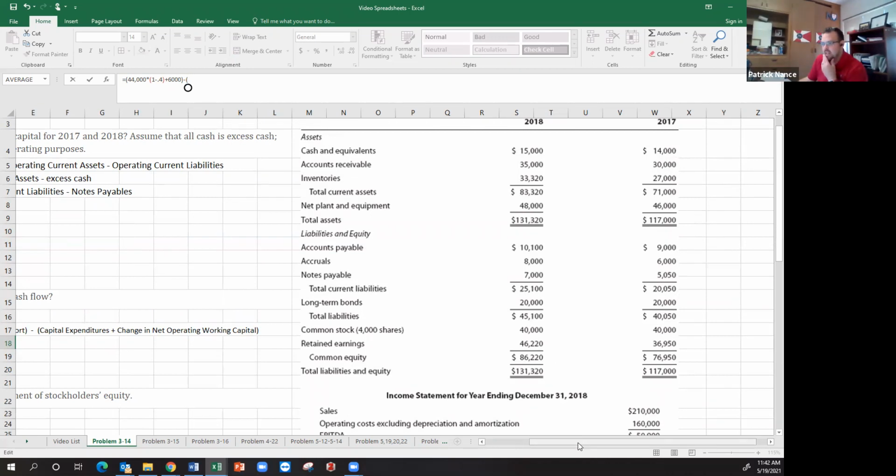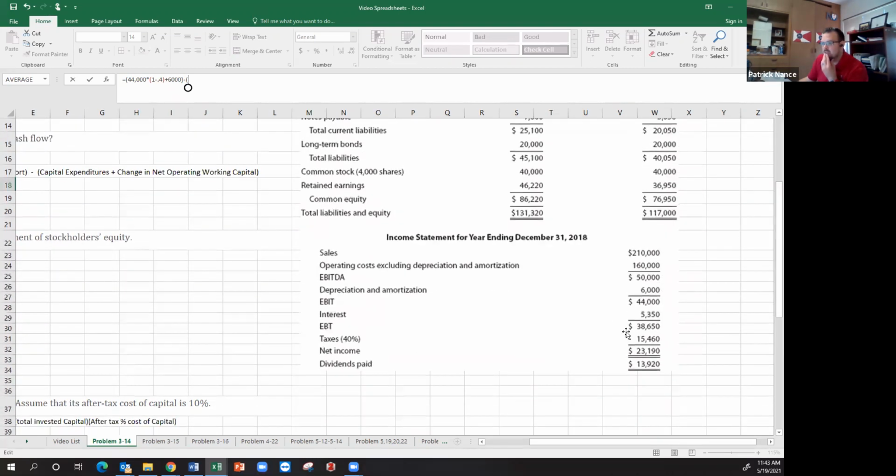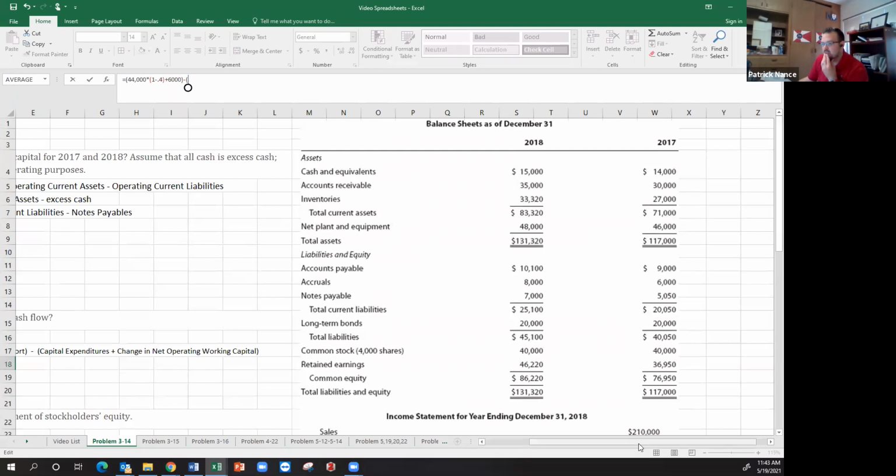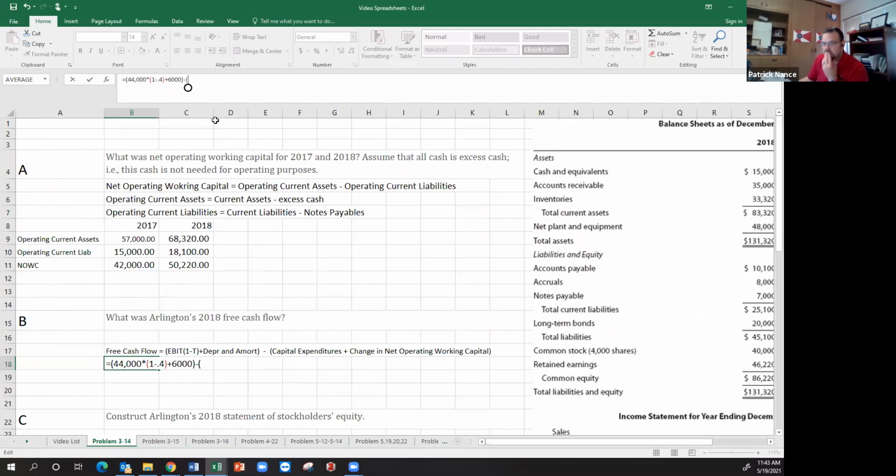So that's 2,000, and I add that to my depreciation, which can be found either with depreciation expense or my change in accumulated depreciation, which in this case is 6,000. So my total capital expenditure should be 8,000. That's 6,000 plus 2,000.